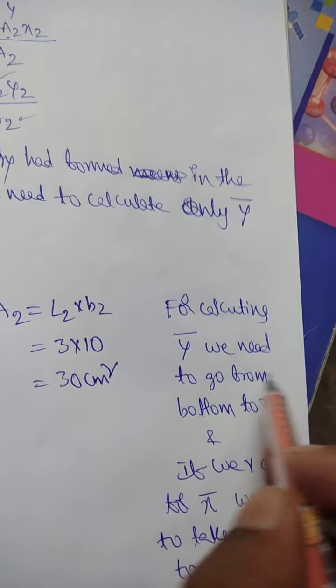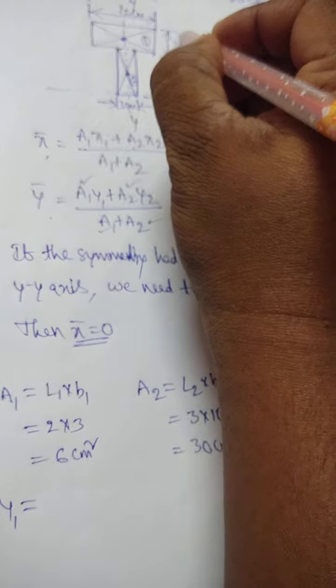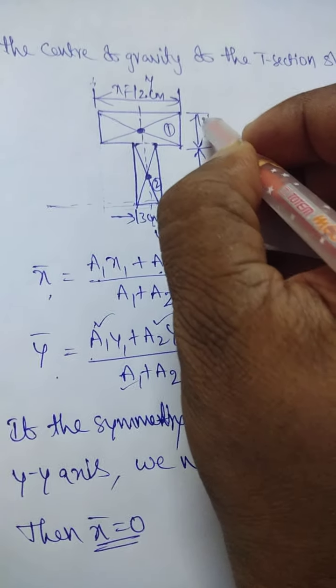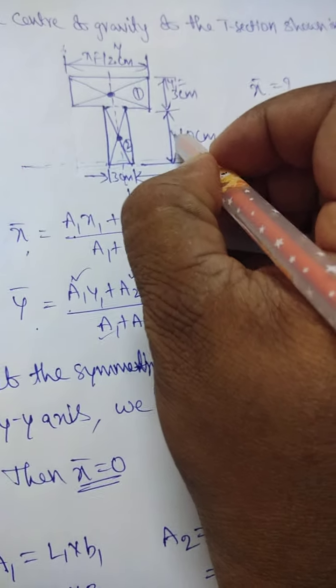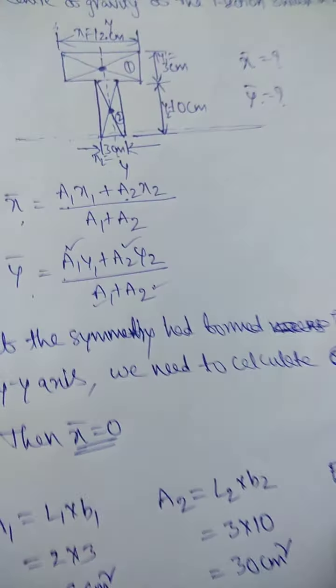As I am calculating y bar we go from bottom to top, so these 2 centimeters we take as x1, these 3 centimeters as y1, these 10 centimeters as y2, and these as x2.